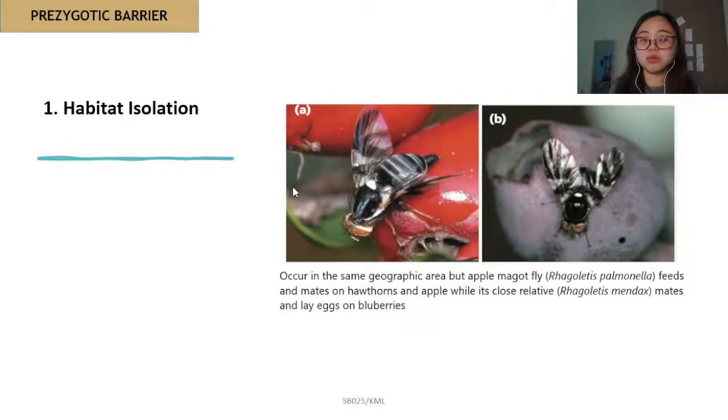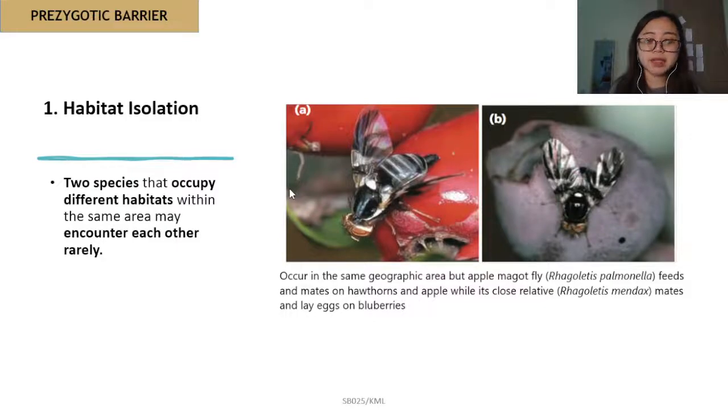The first prezygotic barrier is habitat isolation. This is when two species that occupy different habitats within the same area may encounter each other rarely. So we are going to use the example of the apple maggot flies or the hawthorn flies that we talked about in the Sympatric speciation earlier.